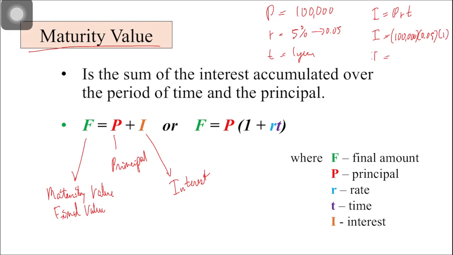So, your I is 5,000. So, after 1 year, your money becomes 100,000, this is the principal, plus interest of 5,000. So, after 1 year, your 100,000 becomes 105,000. So, that's the maturity value.